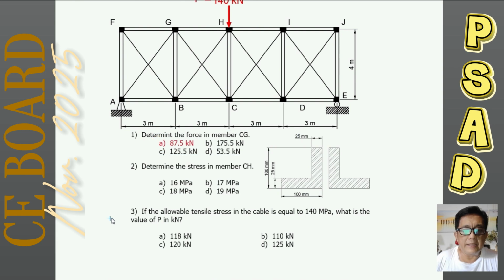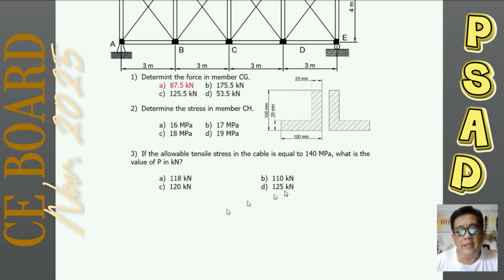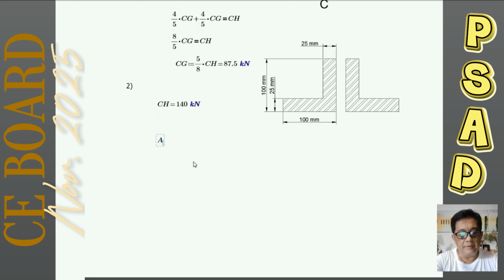Number 2, determine the stress in member CH. I think we have already solved CH. Yeah, CH is 140 kilonewtons. If we are going to find the stress, that means we need the area of the double angle. Because CH is this one here, this vertical member. That's made up of two angles, 100 by 100 by 25. Area of CH is equal to 100 mm times 25. So that's this one, 100 times 25. This rectangle here.